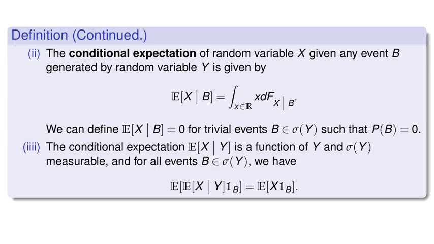It satisfies the crucial averaging property. For all events B in sigma of Y, the expectation of expectation of X given Y times the indicator of B equals the expectation of X times the indicator of B.